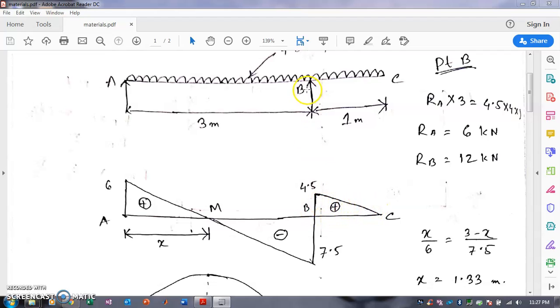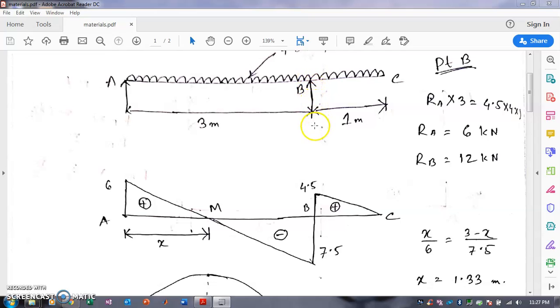Then RB is acting here in upward direction. So as the point X crosses this point B and lies in between A and B, then on the right hand side of the point X there is the UDL and this upward RB.